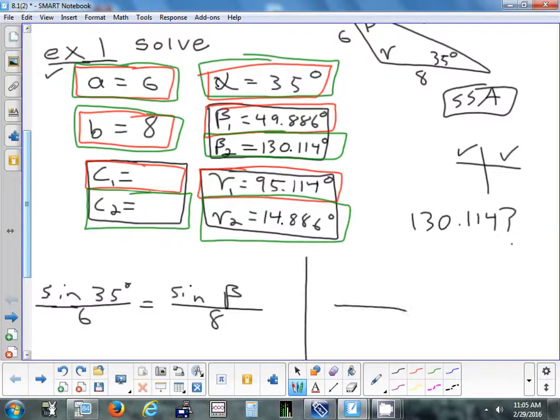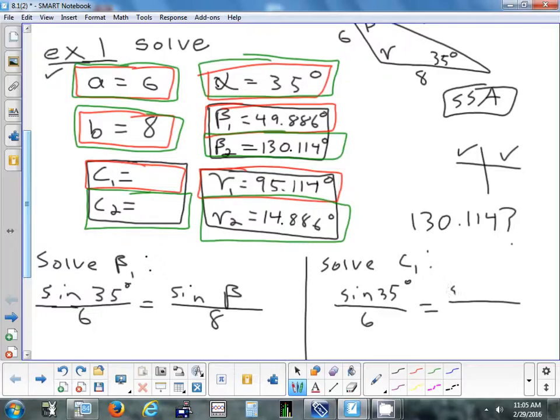Okay, so you're going to set it up just like we did when we solved for beta 1. At the time, we didn't know there were 2 betas, but now we do. Okay, and let's solve for, let's do C1. So we got sine 35 over 6.